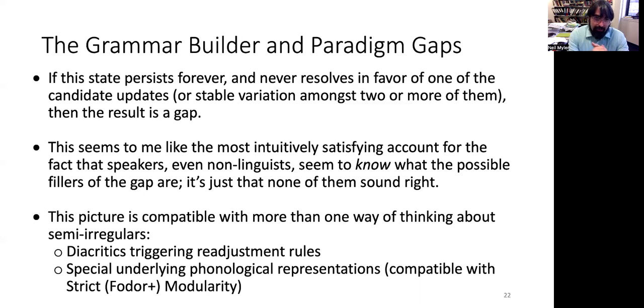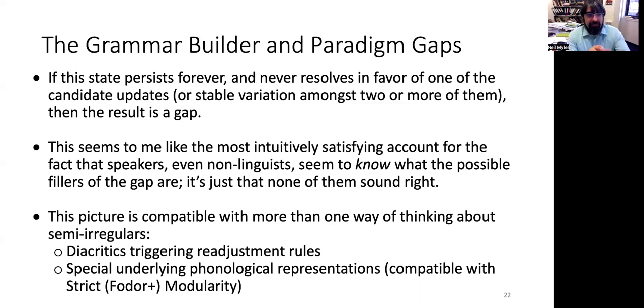But to say that that's all there is to it, that you have no way of generating a form here, and so you needed to memorize one, but you never saw it, so you couldn't, that doesn't get at the fact, which has been reported by everybody that's worked on this, that even naive non-linguist participants in experiments, when asked to produce something where a gap is found, will usually be able to produce a bunch of candidates and be unable to choose between them.